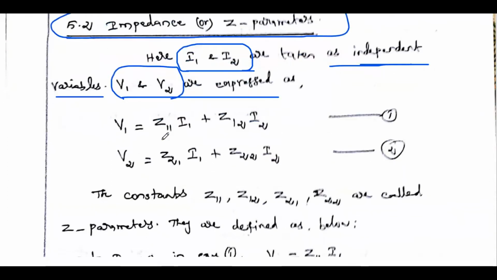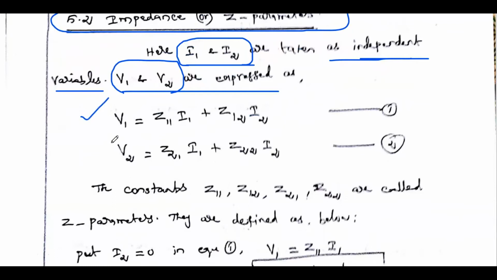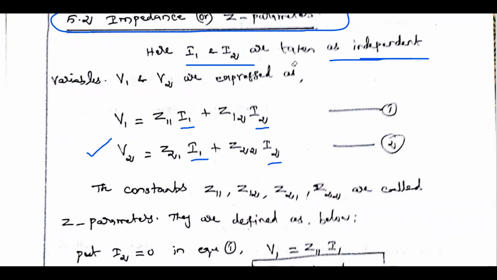That means we write the input voltage equation and output voltage equation in terms of input current and output current. That type of equation we call the Z parameter equation.